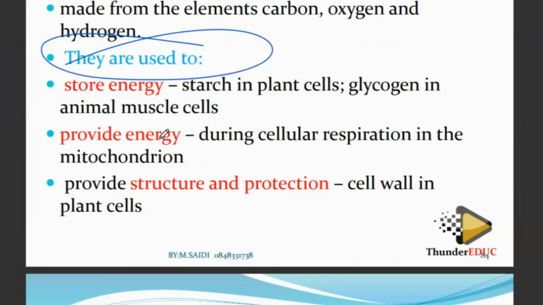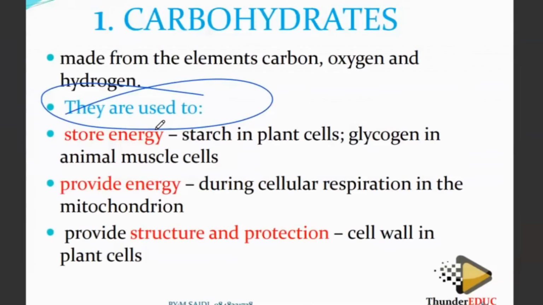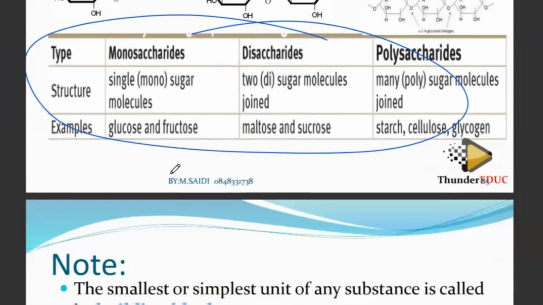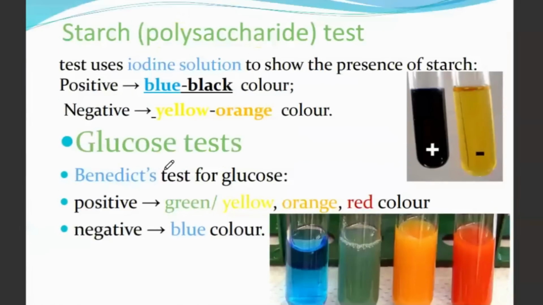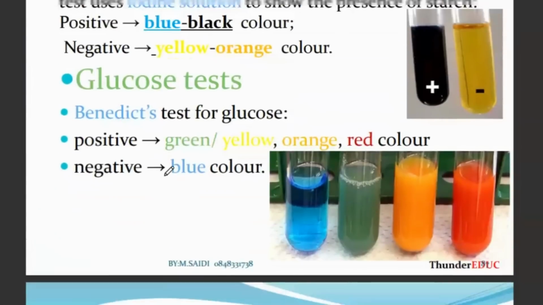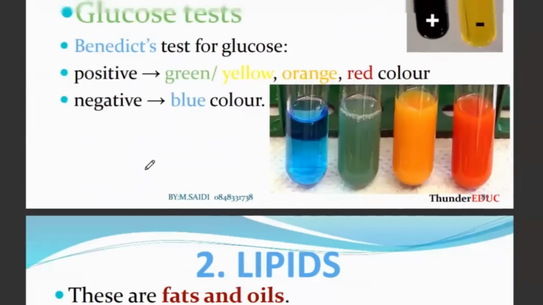Please don't forget about it. There is also another thing. Two answers, they go across all of them. So the functions of carbohydrates, know them. The classes of carbohydrates, know them. How do we test for these carbohydrates? But not that big a deal.